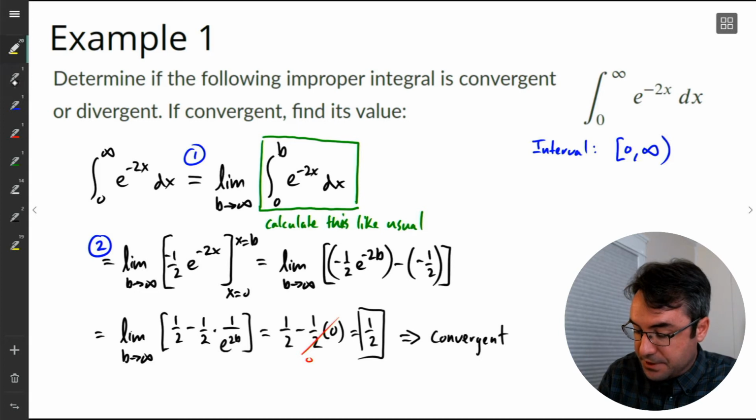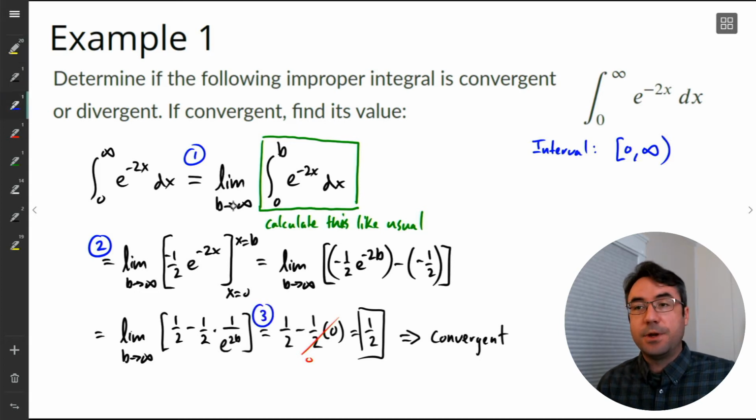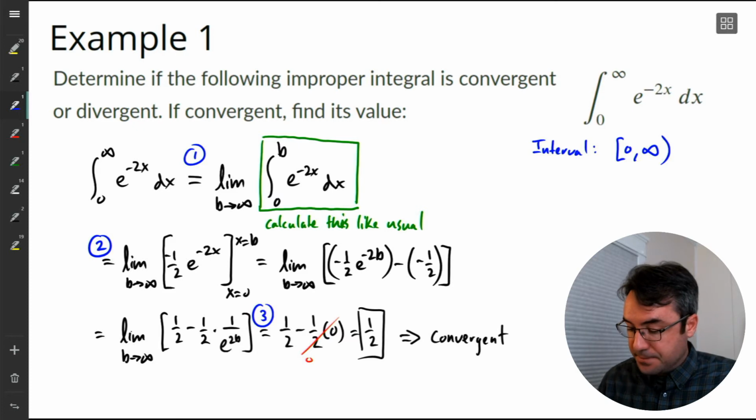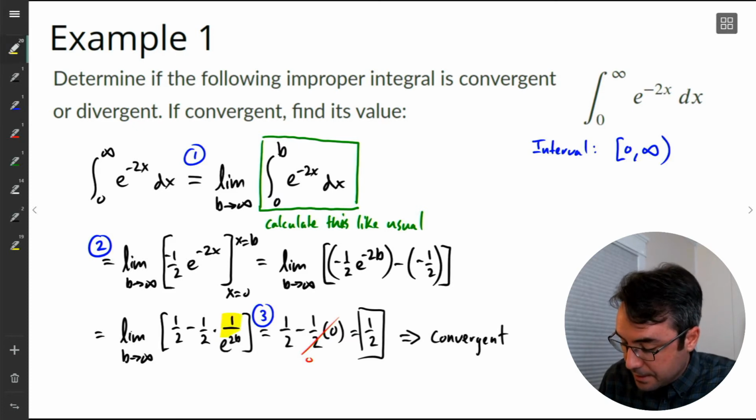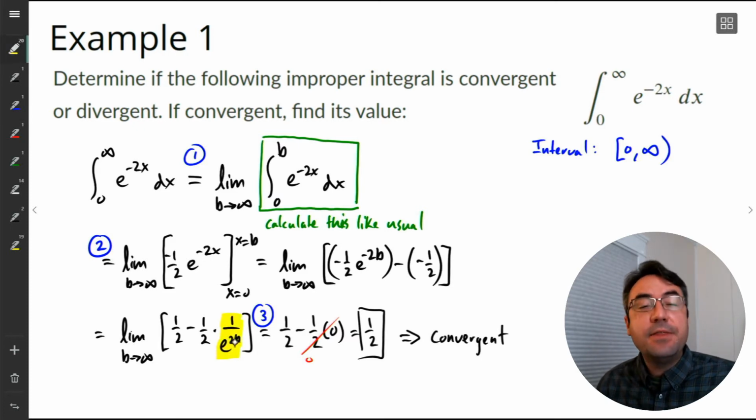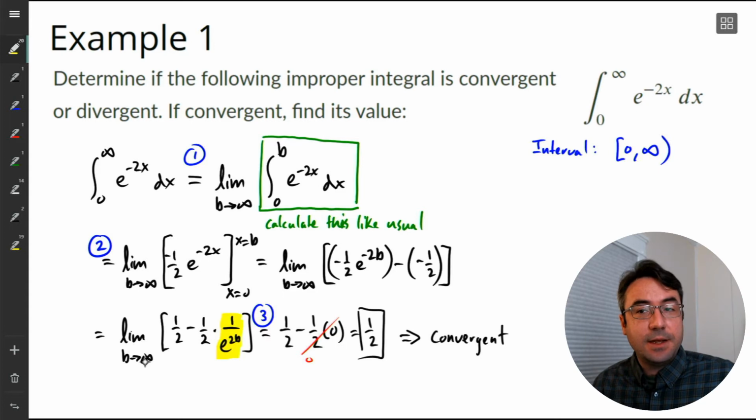All right, and that was step 3. So there's really 3 steps here: rewrite it as a limit, calculate the definite integral, and then evaluate the limit. And we just want to keep track of why this 1 over this exponential went to 0: because b was approaching infinity, that meant the exponential e raised to the power 2b approached infinity, getting larger and larger positive.